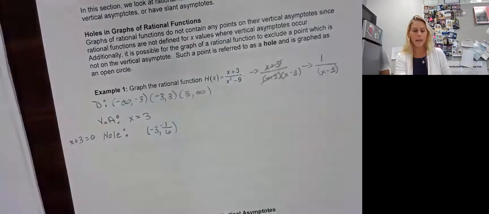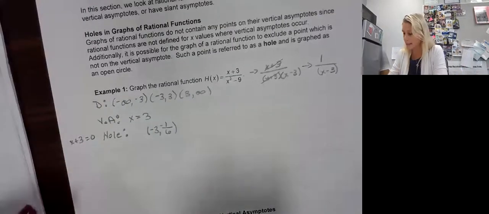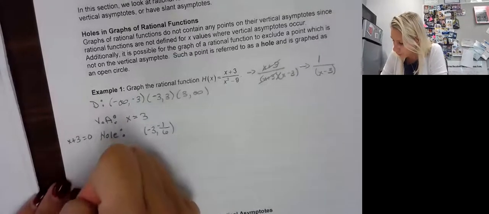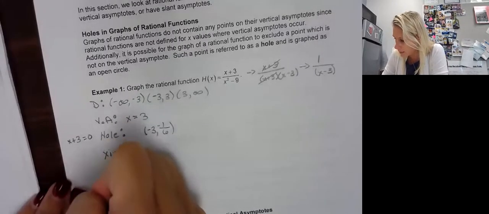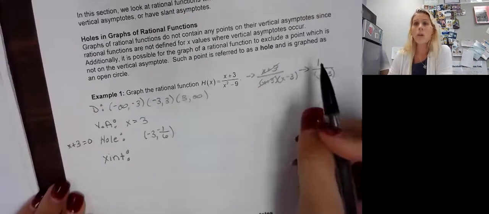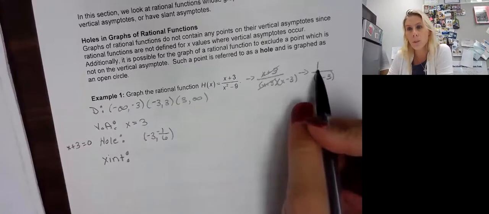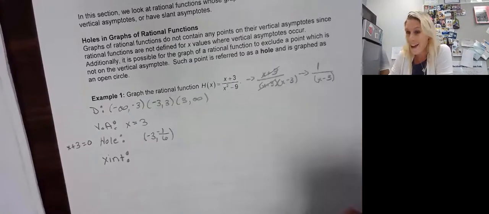All right, great. Now, we're going to look at the x-intercept and y-intercept. X-intercept first. Remember that the x-intercept is setting the numerator to 0. Now, you always do this in the reduced one. And if you look at the numerator, the numerator can never be 0.